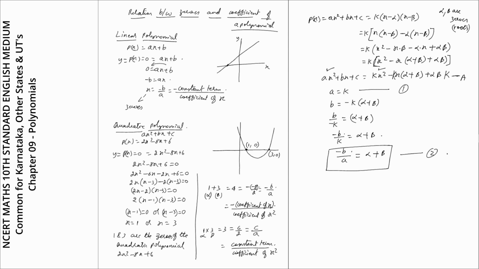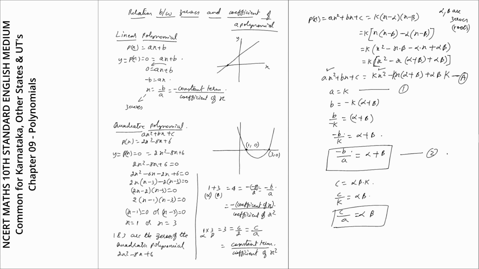Comparing the constant term of the left hand side and the constant term of the right hand side, I get c is equal to alpha beta into k, or if I cross multiply, c by k is equal to alpha into beta. What is k? k is equal to a.